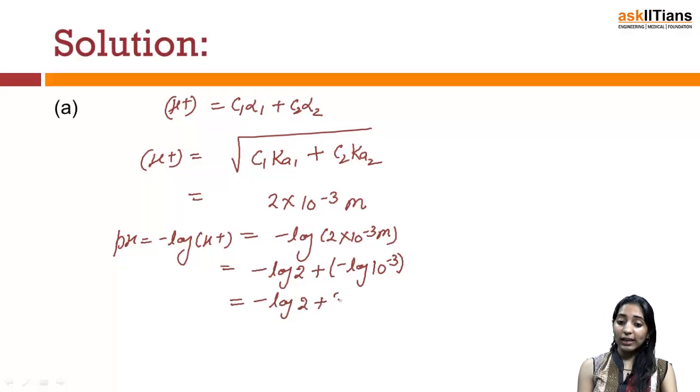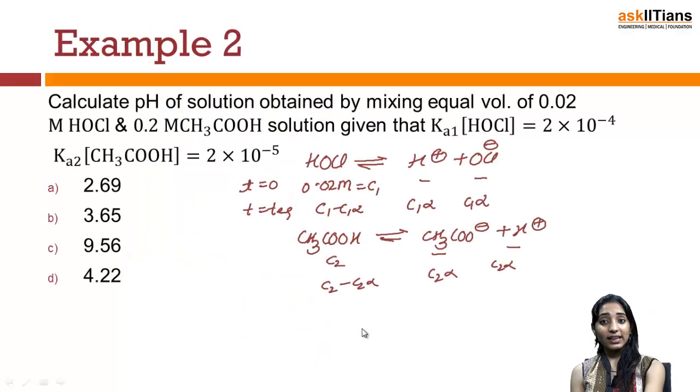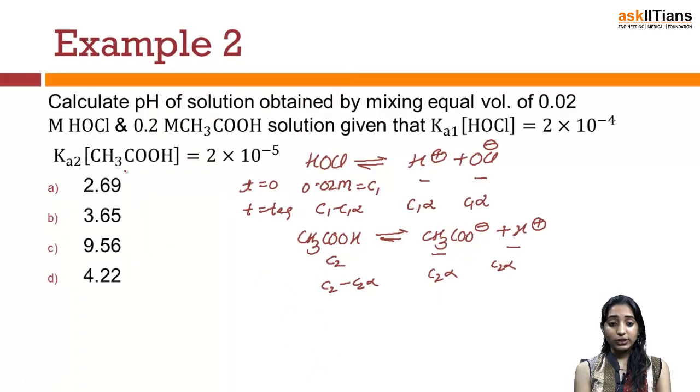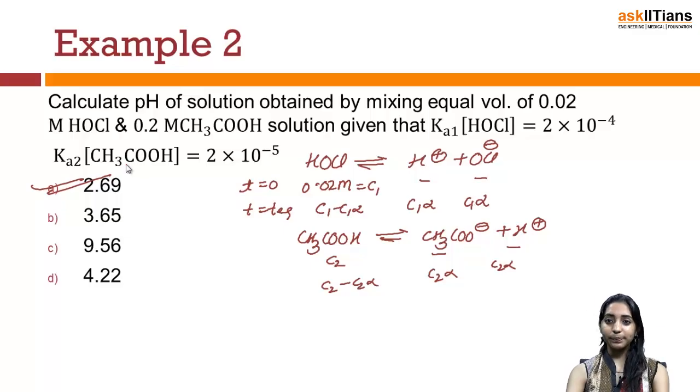So solving this, I will get minus log of 2 plus 3, and if I solve further, I will get 3 minus 0.3010, and the value comes out to be nearly 2.69. Let's see if this value is given in the options, and 2.69 has been given as the first option. So I can say the correct option for this question is option number A.